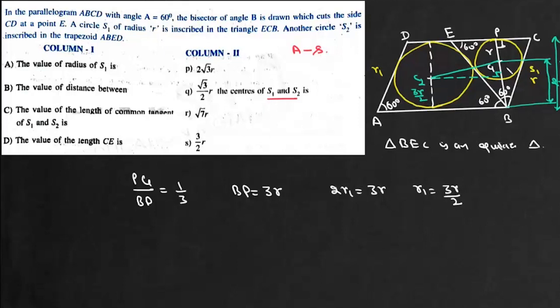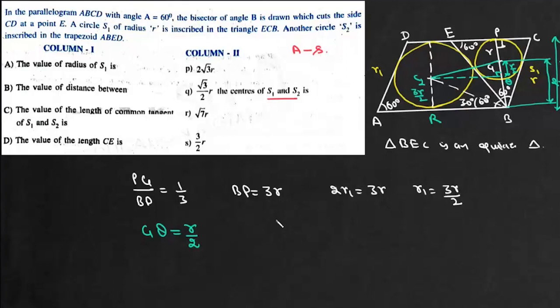So this distance is R by 2, and say this point is Q. So the value of C1Q is R by 2. Now we have to find the value of C2Q, and let this point be R. So what we'll do is, we'll join this center with B. Now this angle is 60, so this angle will be 30 degrees.